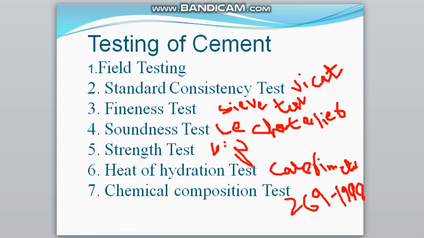Coming to the field tests of cement, majorly we detect the following tests. One is the color test of cement. The color of cement should not be uneven. Generally, it should be a uniform gray color with a light greenish shade.